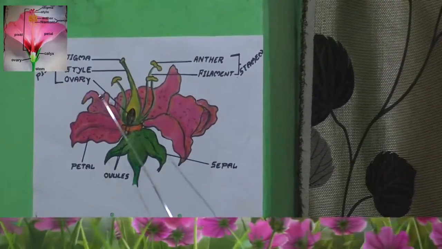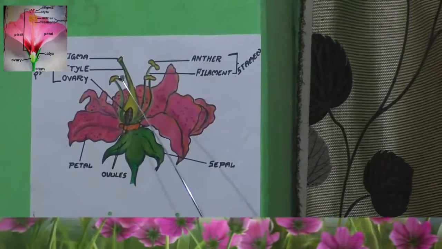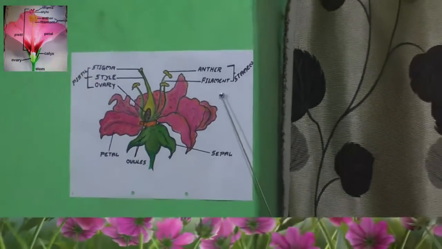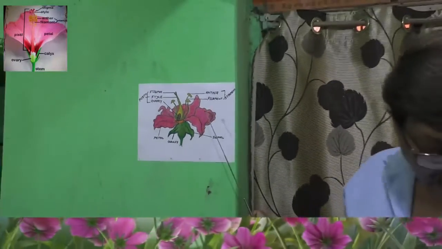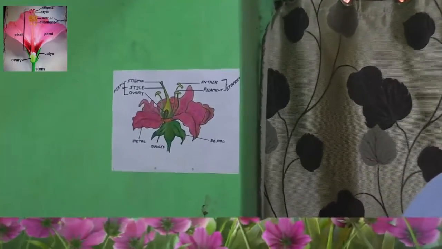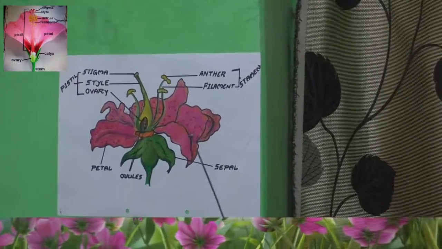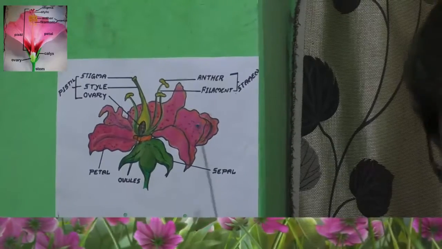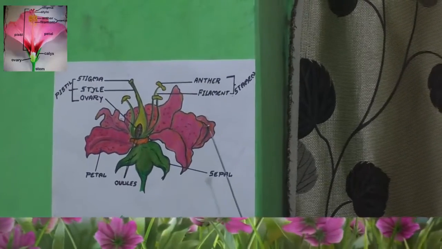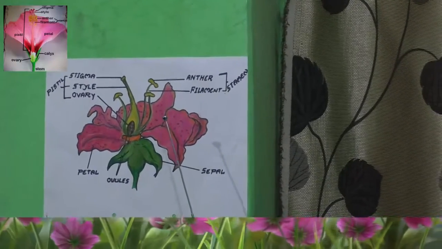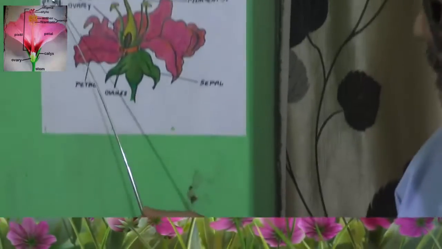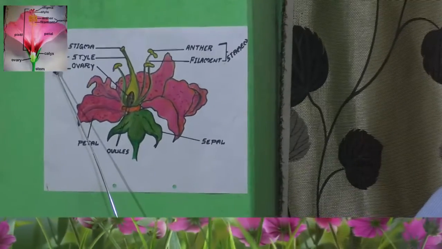As I have already discussed, the stamen is inside the petals. The stamen is the male reproductive part of a flower, and the female part of a flower is called the pistil. This is the female part.